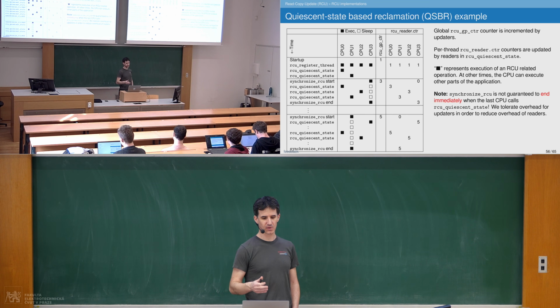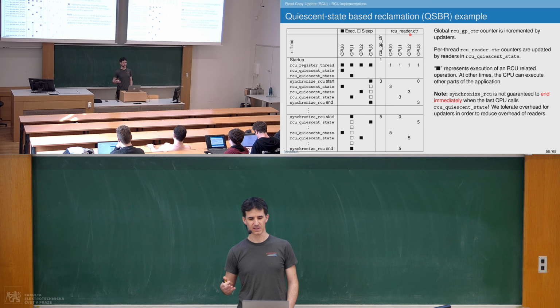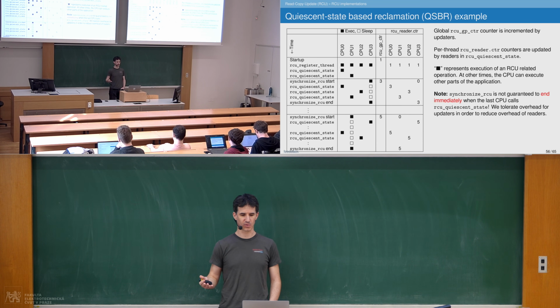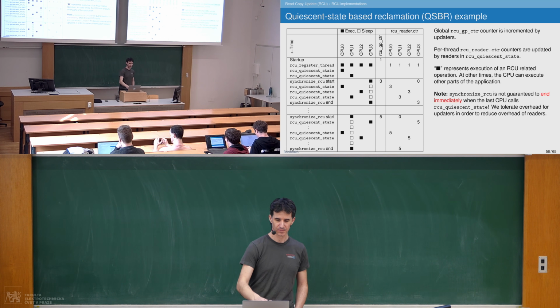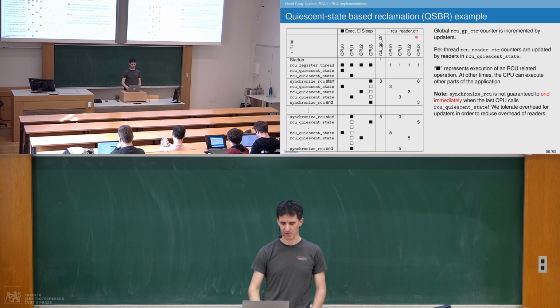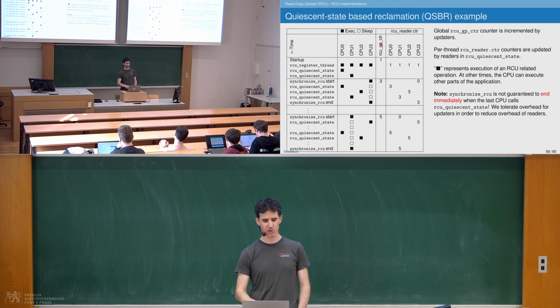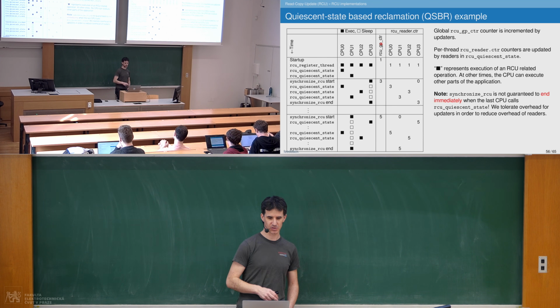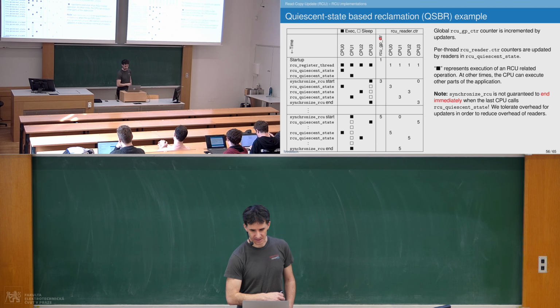There is never a need for this counter to be updated by multiple threads. This means that you don't have to synchronize when updating it. You can just update this counter without any mutex. And then there is a global counter which is shared between all the threads and which is called the RCU grace period counter.